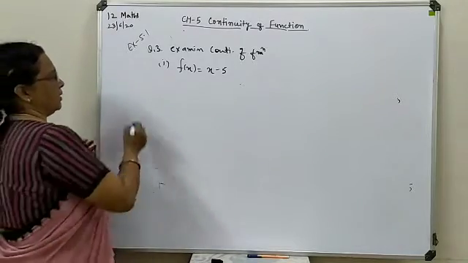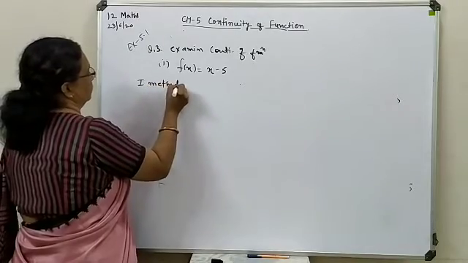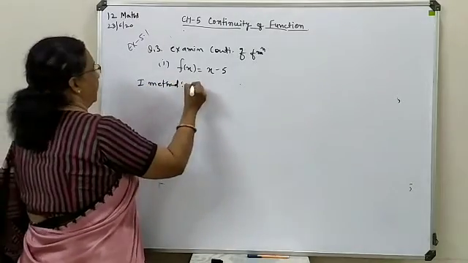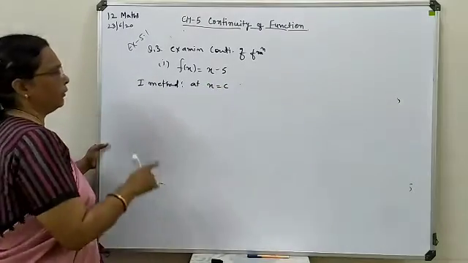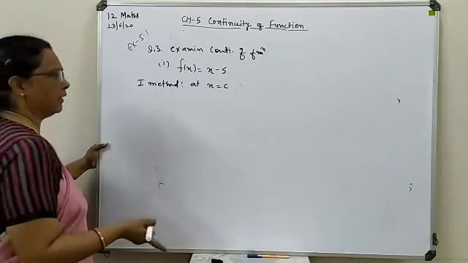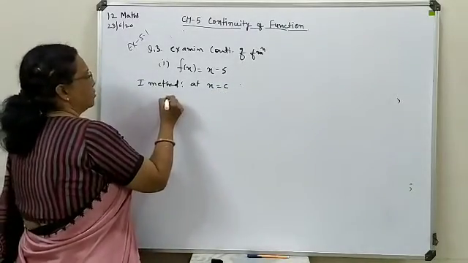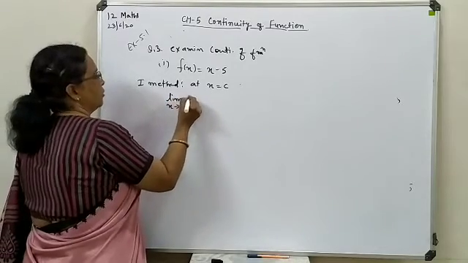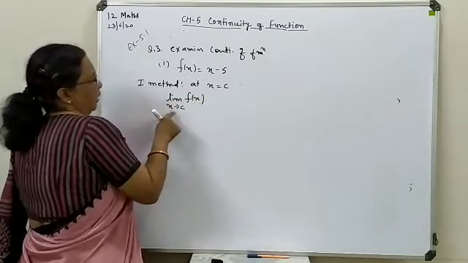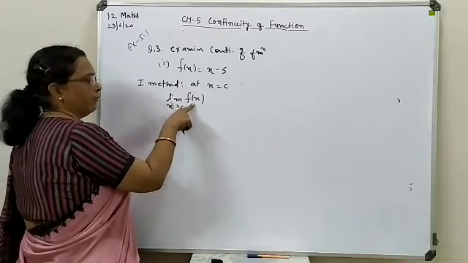Now the first method: in general at x is equal to c, or you can say x is equal to a, that is also okay. Any constant quantity you can consider here. First, as in the previous case, you will check the limit x tends to c or a of the given function.